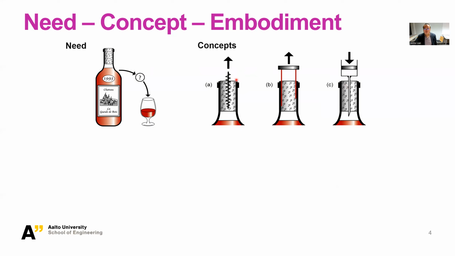You probably know this. This is the first one, because the bottom line for this concept is we need to apply tensile force in the end to remove the cork. The first concept is to use a screw: you screw in and then pull out with tensile force. The second is using shearing, and then you pull out.